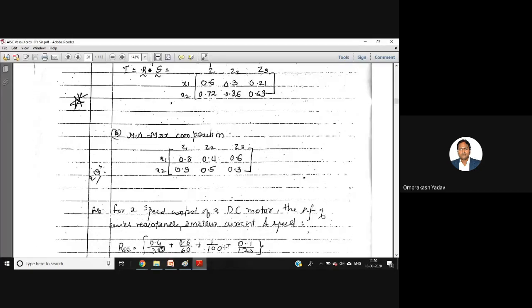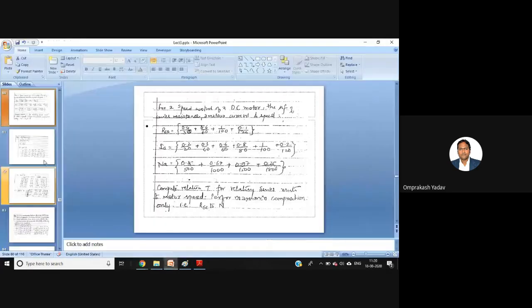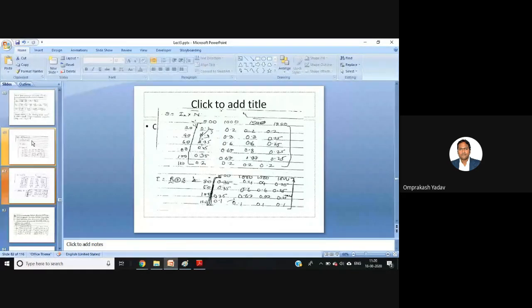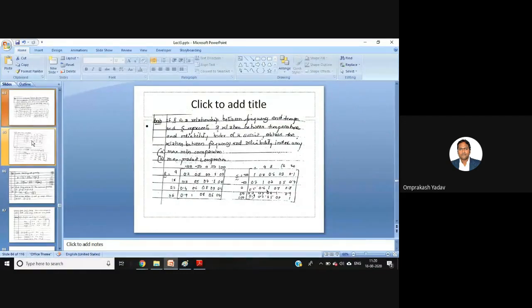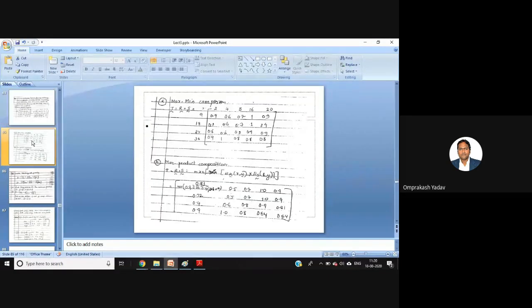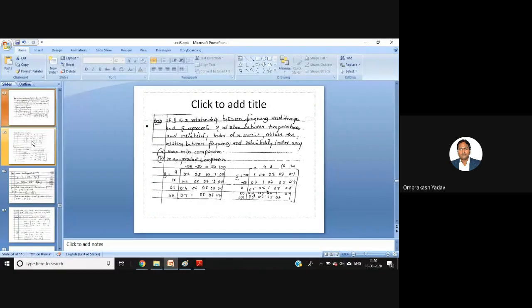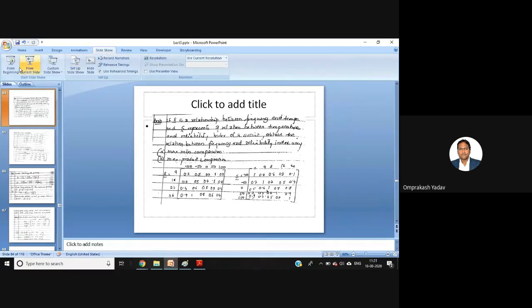Okay, so now I will give one problem and then we will go ahead with the different type. Okay, so write this problem. All of you write this problem.